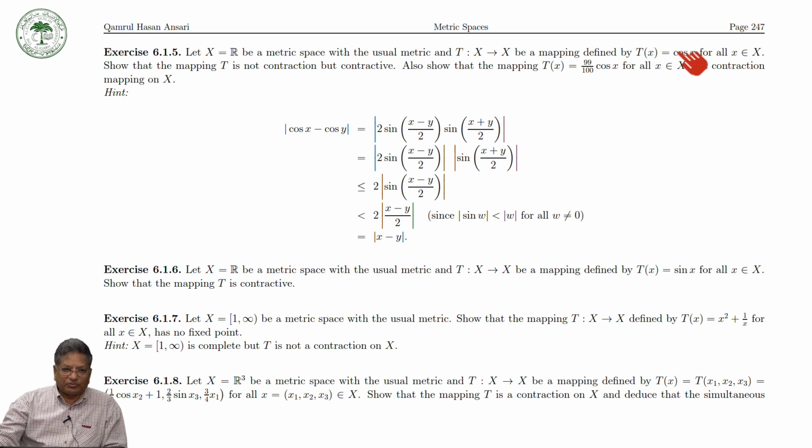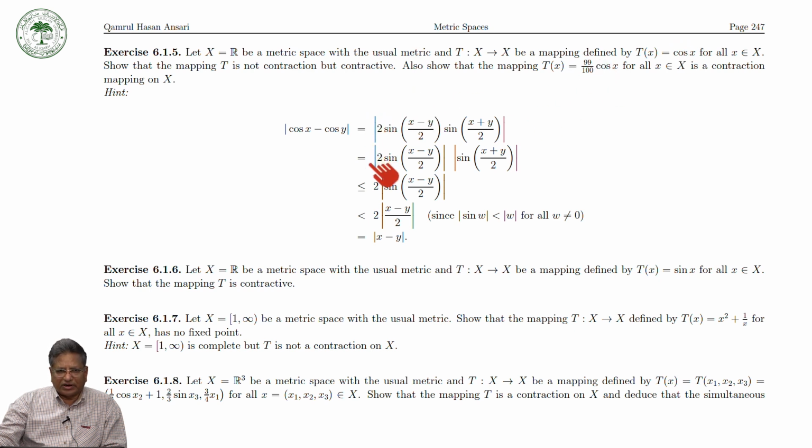Now you have to prove that it is a contraction, not this one, but this one. So you multiply it by this one. What will you get? Everywhere you take 99/100, or 1/10, or 9/10 you can take.